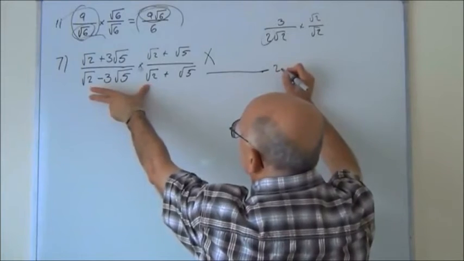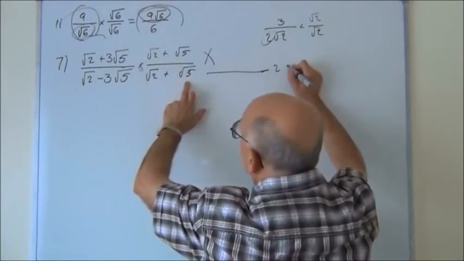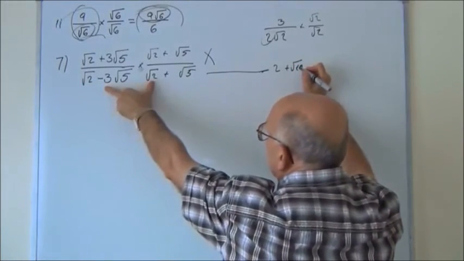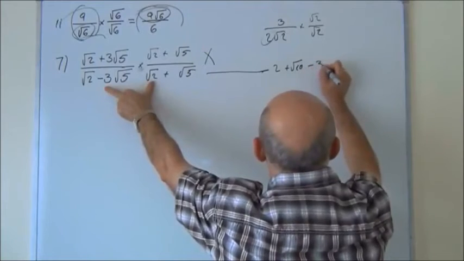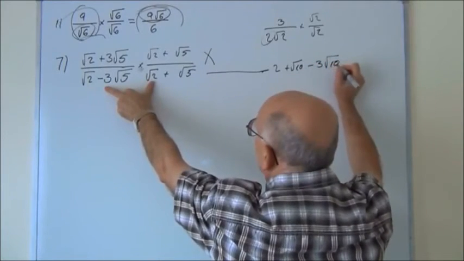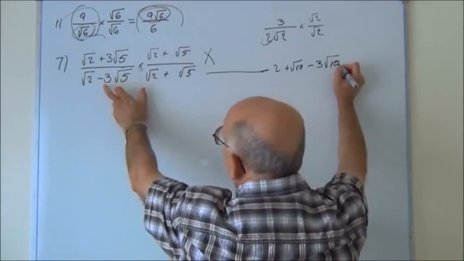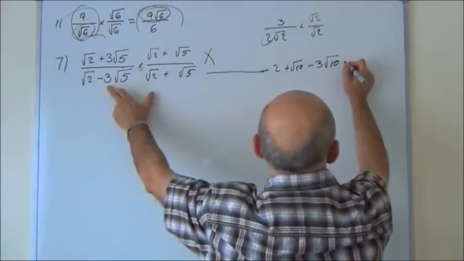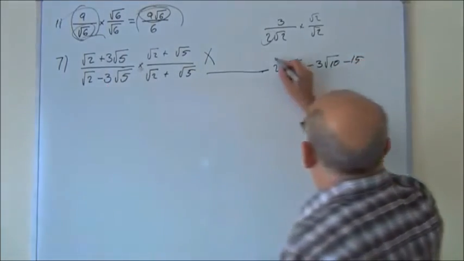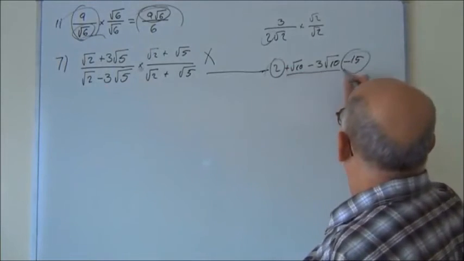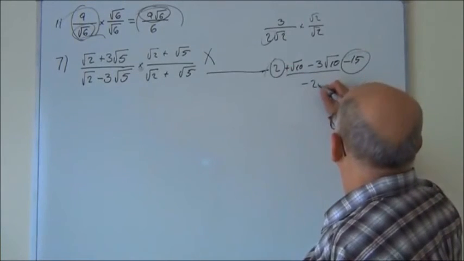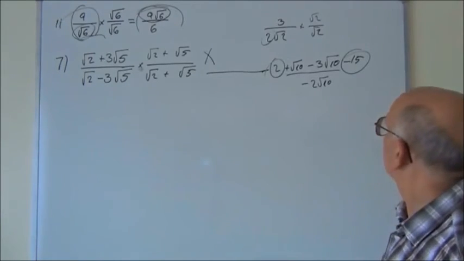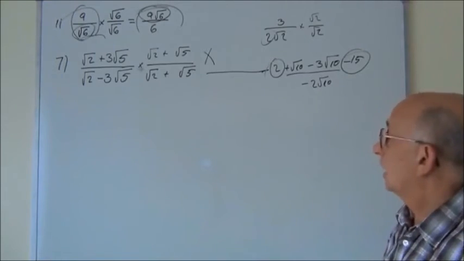Root 2 multiply root 2 is 2, root 2 multiply root 5 is root 10, now minus 3 root 5 multiply root 2 is minus 3 root 10, and root 5 multiply root 5 is 5, multiply 3 is 15. Okay, here we have a number, but what to do with this? This will give us minus 2 root 10, so we couldn't get rid of the square root from our denominator.